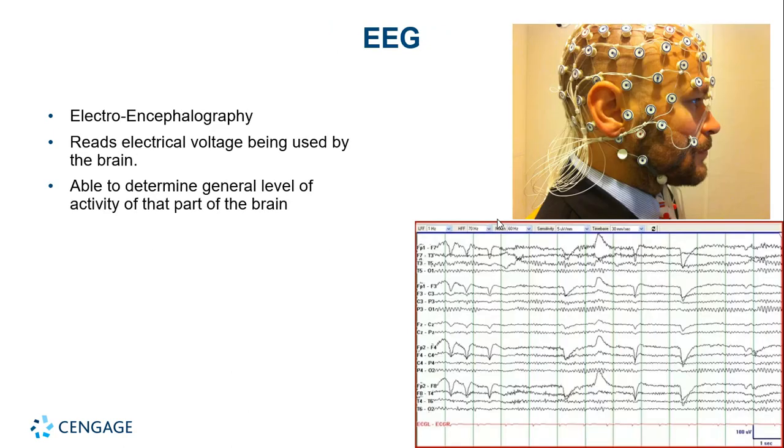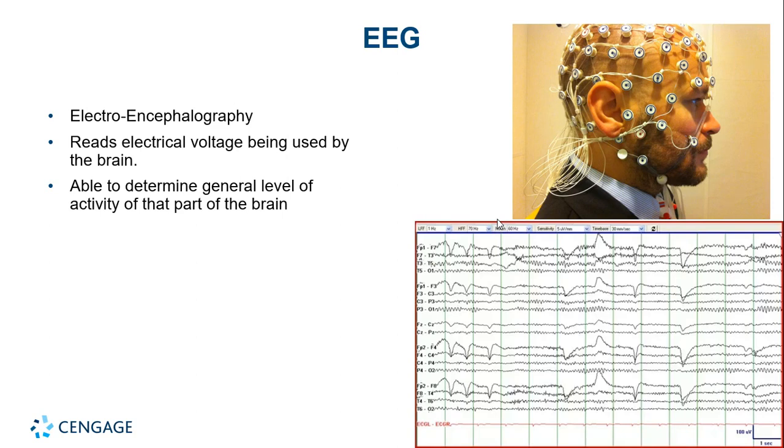An EEG machine, or an electroencephalography machine, also detects activation, but now not with an image. So you have all of these electrodes placed on your head. And what I'm reading now is how much voltage, how much electricity is your brain creating.